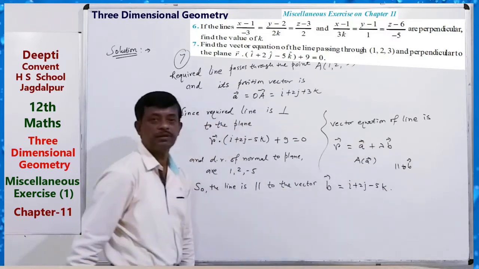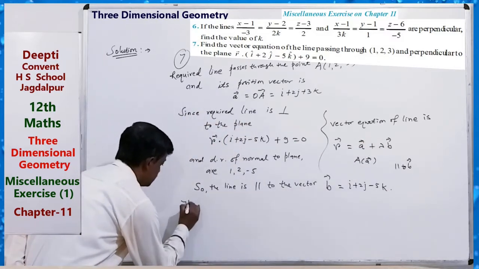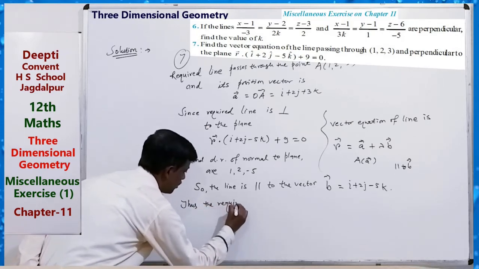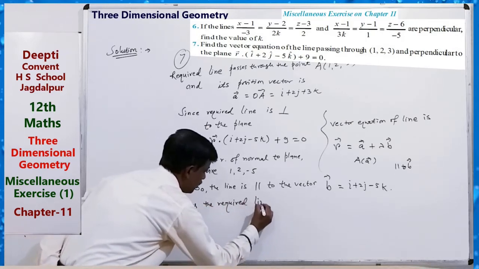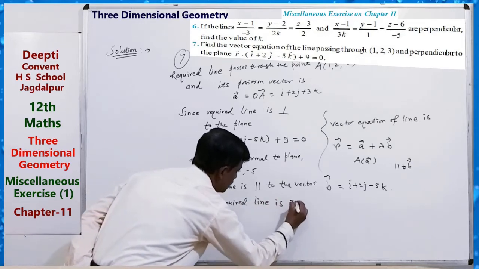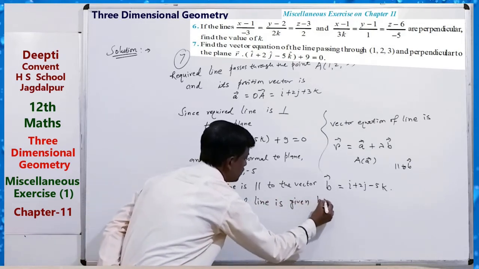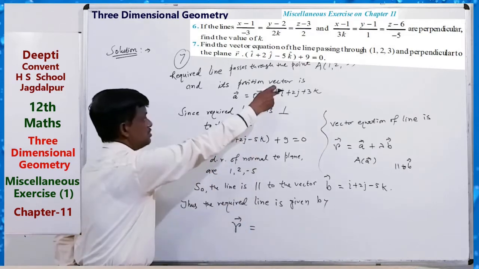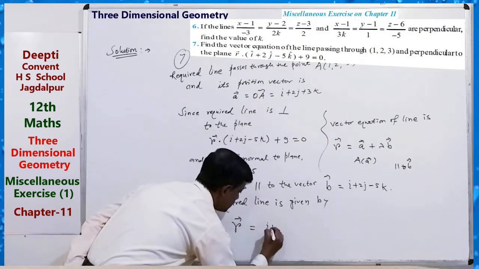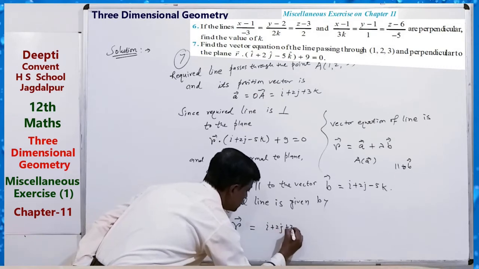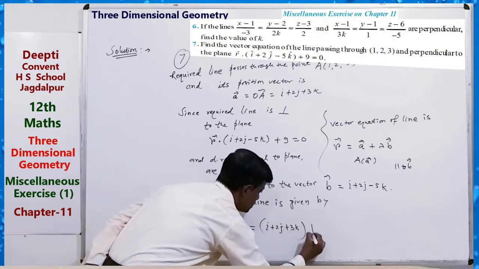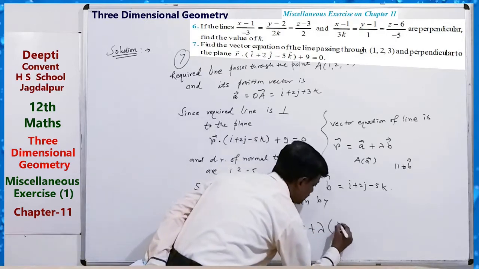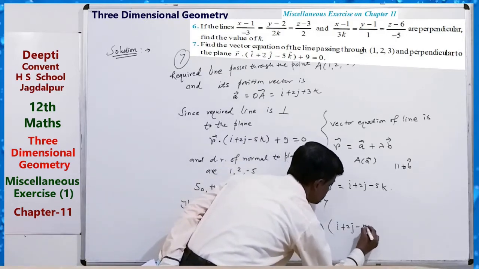So we can write the equation. Thus the required line is given by r equals A, that is i plus 2j plus 3k, plus lambda times B, that is i plus 2j minus 5k.